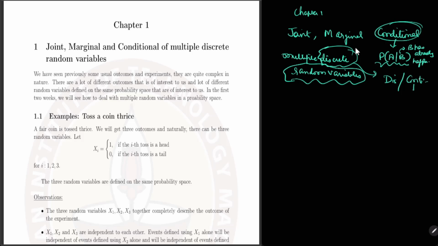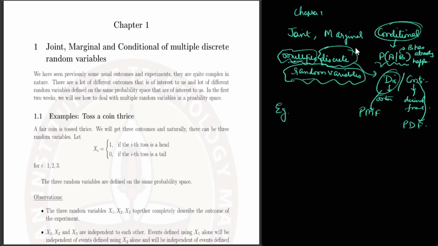Discrete will be in integer form, this will be in a decimal or fraction form. For discrete we have PMF, for continuous we have PDF, the density function. Multiple means more than one random variable. So joint, marginal, conditional for more than one discrete random variable.